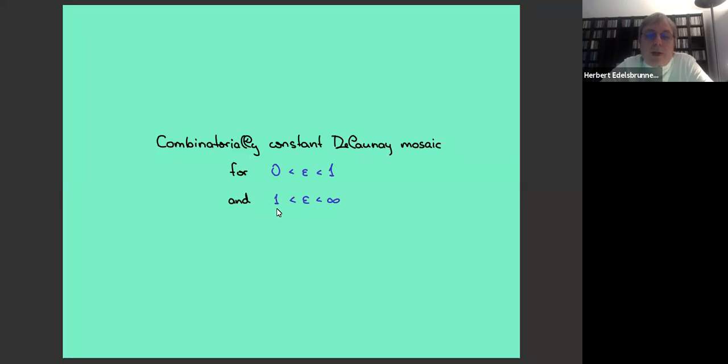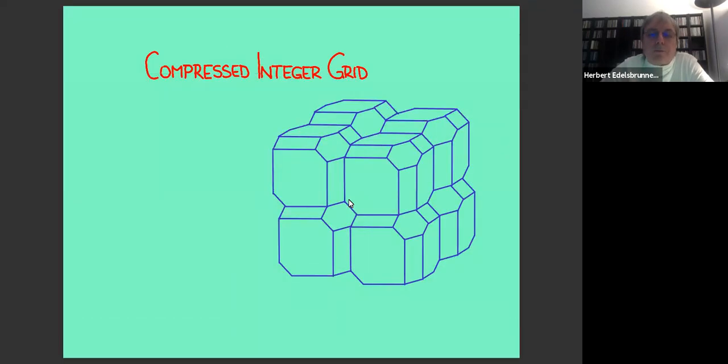And then again, the same for epsilon larger than 1. So I really only have to deal with 2 cases. And not only that, each case itself is symmetric, so that all the simplices or the cells that appear, they are symmetric. So I only have to always talk about 1, 2, or 3 or something of the cases. So this controls the explosion of cases.